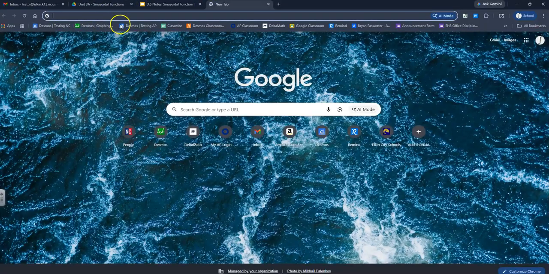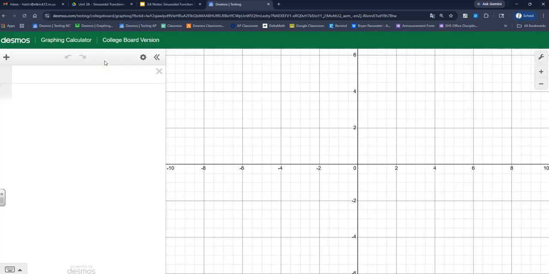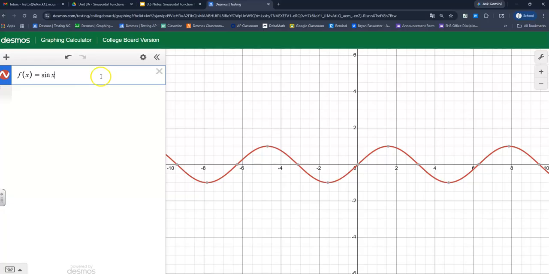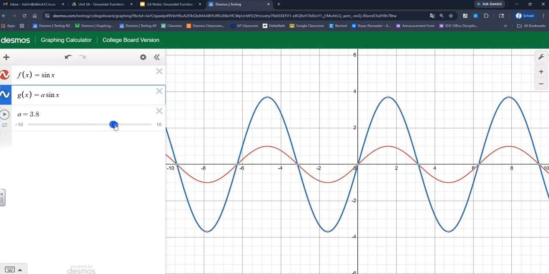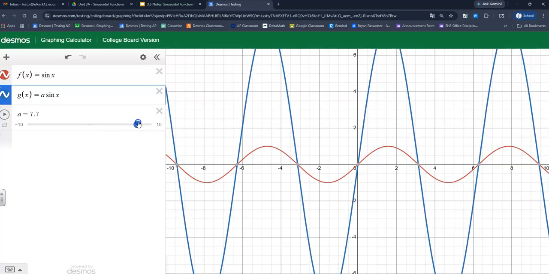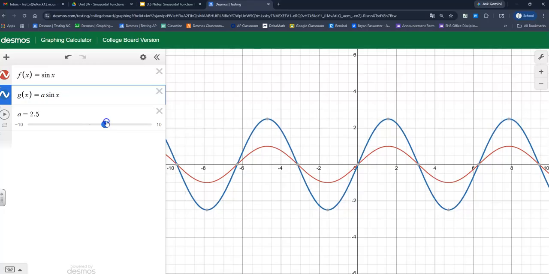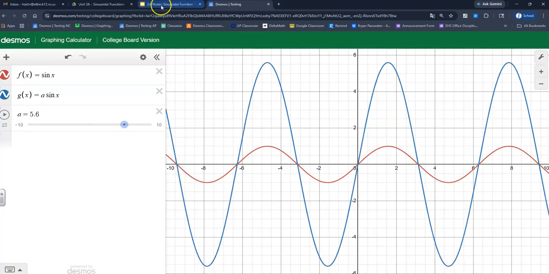So if I go over here and open up Desmos, and I graph f of x equals sine x, and then I can go over here and do g of x equals a sine x. I can put a slider right here. You can see as I make that number a bigger, you can see the graph grow higher there.